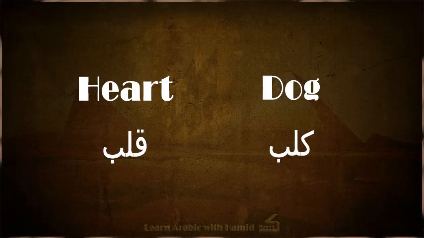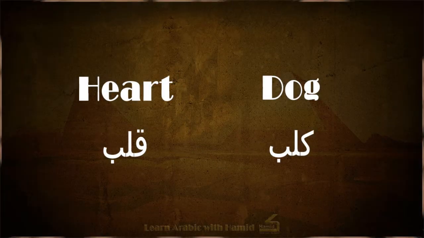But for the Qaf, the touching or the vibration may be starting at the beginning of the throat or at the back end of the ceiling of the mouth. So it's Qaf. For example, if we want to say heart in English, heart is qalb.